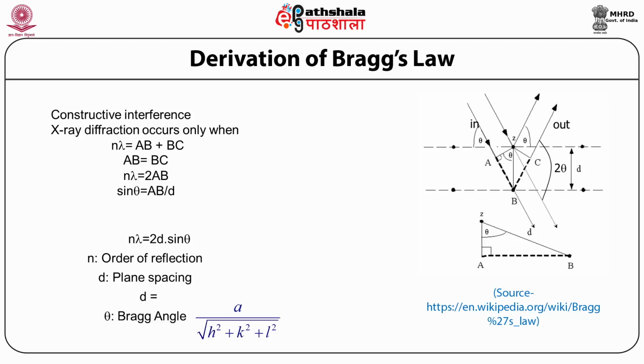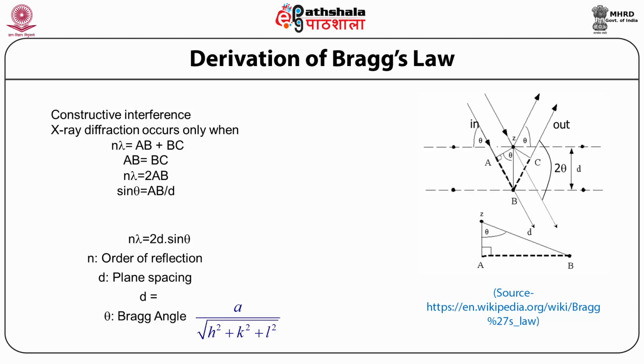The second beam continues to the next layer where it is scattered by atom B. The second beam must travel the extra distance AB plus BC if the two beams are to continue traveling adjacent and parallel. This extra distance must be an integral multiple n of the wavelength lambda for the phases of the two beams to be the same.